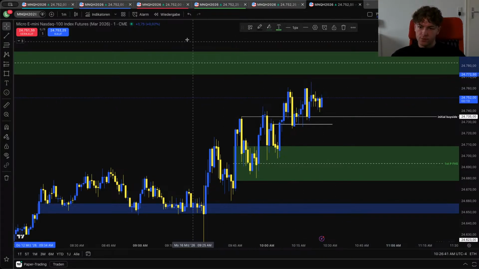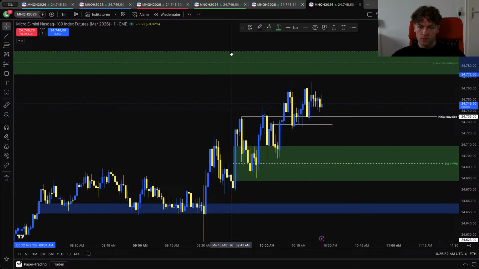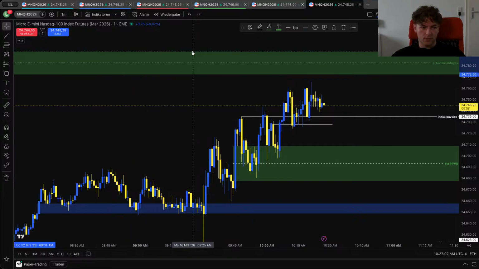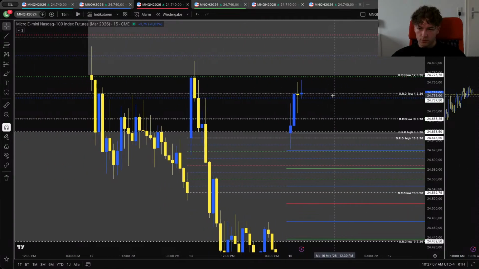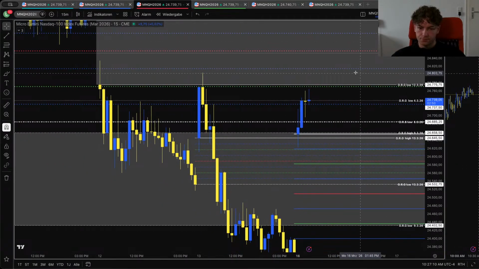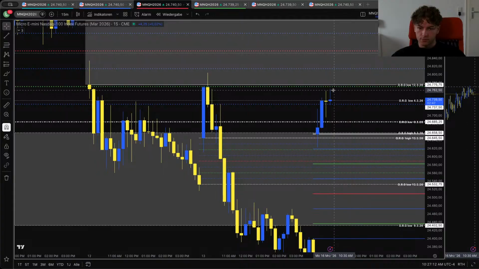What aligns with this Thursday first percent fair value gap? What is this level? 24,773 and 24,792.75. So 73 and 92. Okay, so the first percent fair value gap is on top of Thursday's opening range gap low.